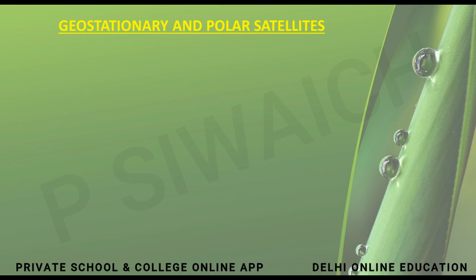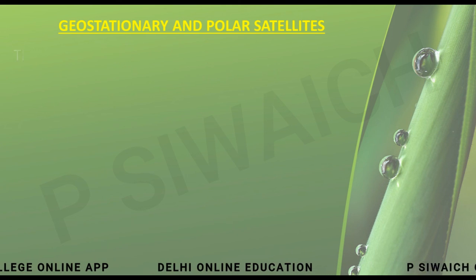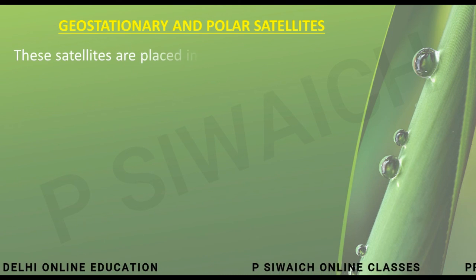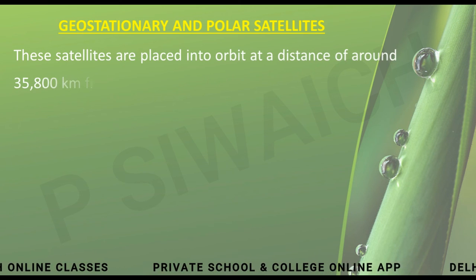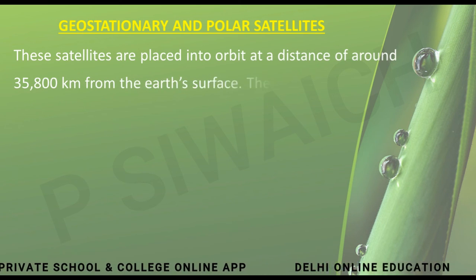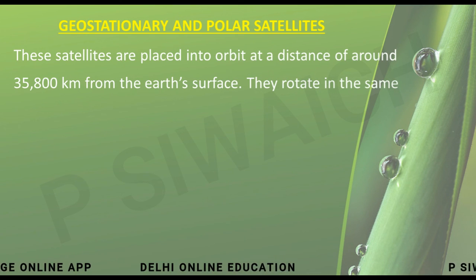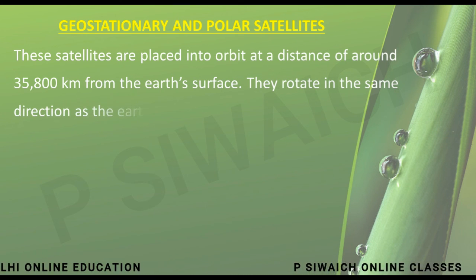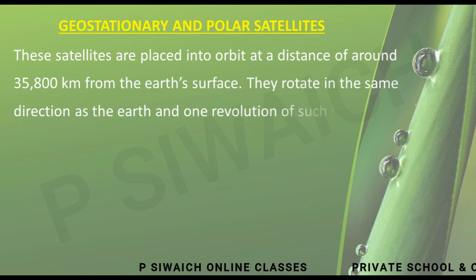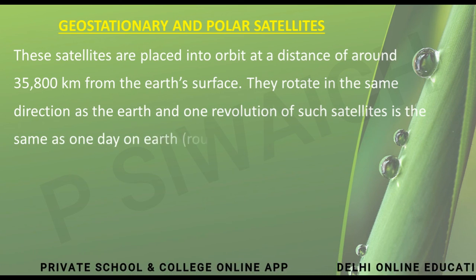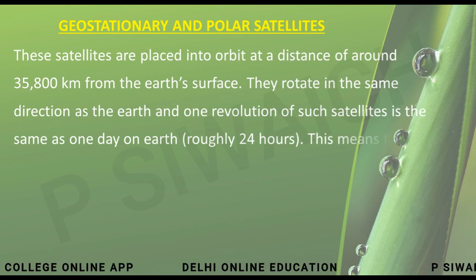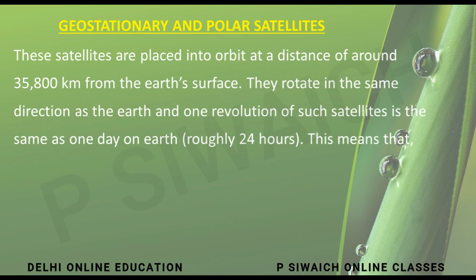Geostationary and polar satellites. These satellites are placed into orbit at a distance of around 35,800 kilometers from the Earth's surface. They rotate in the same direction as the Earth, and one revolution of such a satellite is the same as one day on the Earth, roughly 24 hours.